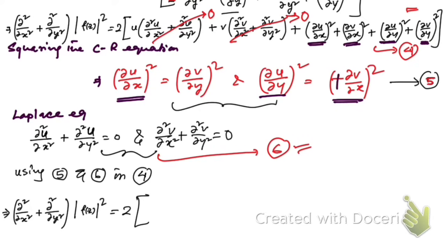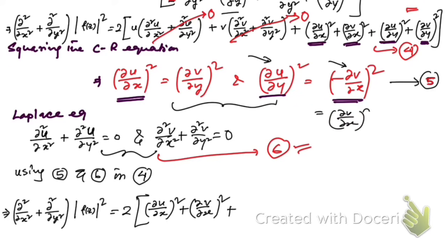Okay, just do one thing. On squaring, this is going to be plus, right? So what we can do here, we have (del u by del x) whole square, then plus (del v by del x) whole square, then replace del u by del y, this is replaced by minus del v by del x. On squaring it's going to be (del v by del x) whole square, right?